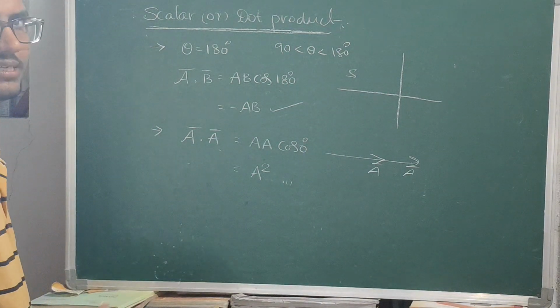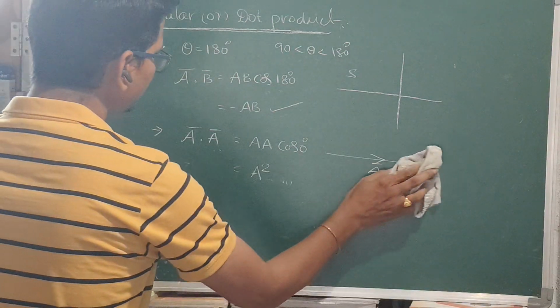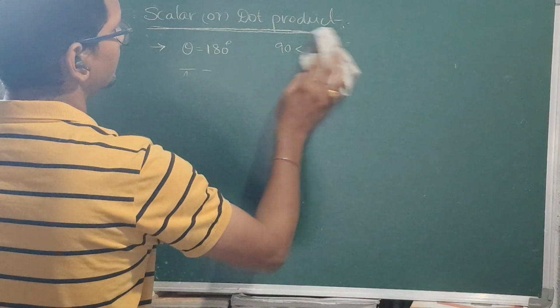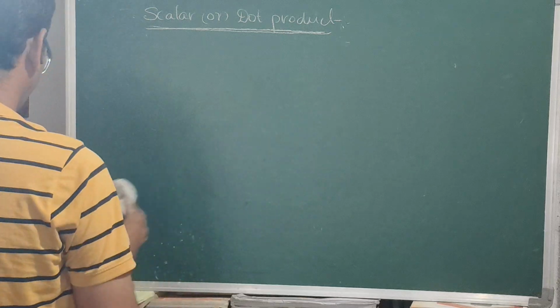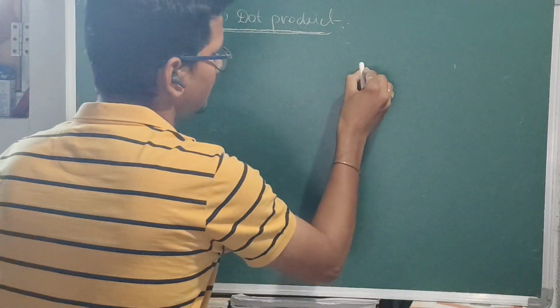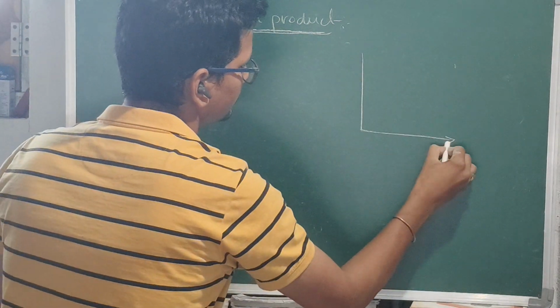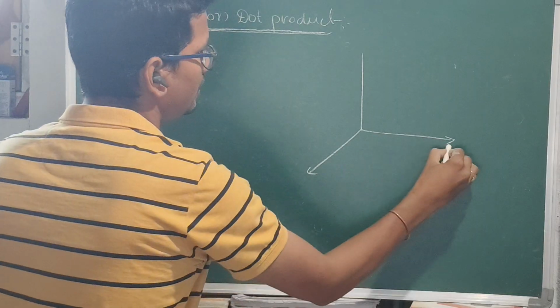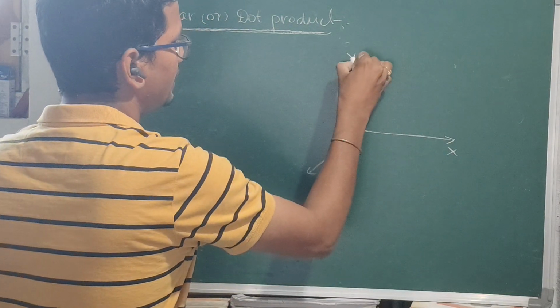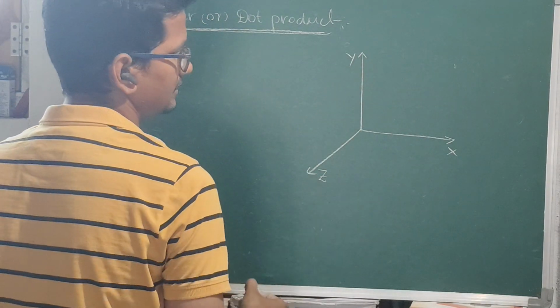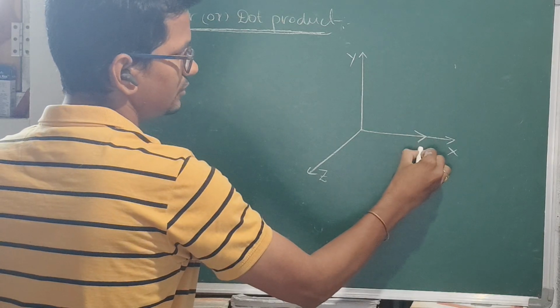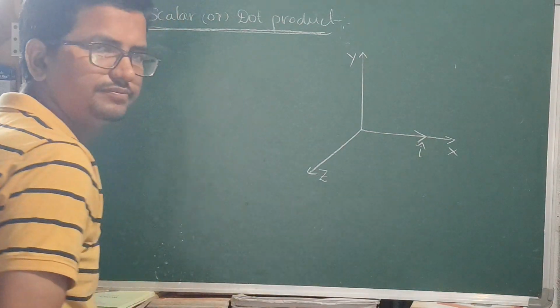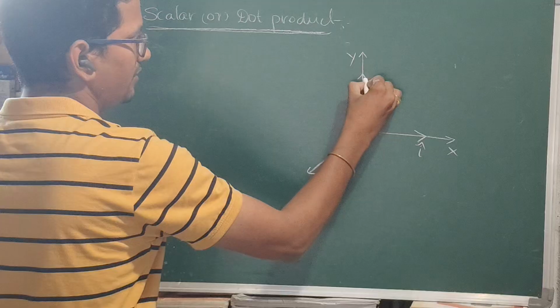One more property is there, and we'll discuss it now. It is very important. First, we want to draw the coordinate system: x-axis, y-axis, and z-axis. On the x-axis the direction is i cap, yes or no? Already we discussed this in the previous video.